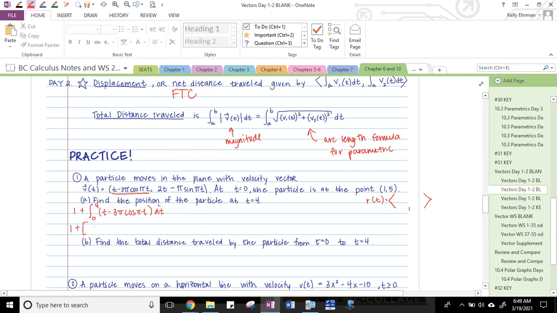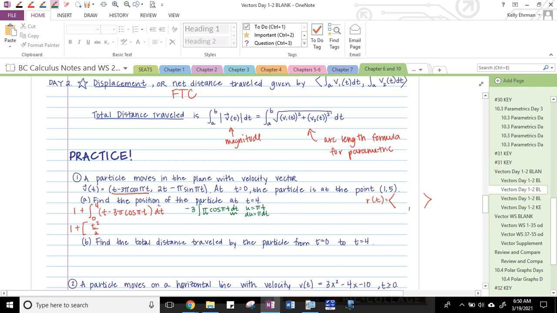So it starts off not too bad, right? The integral of t is t squared over 2. Easy. But off to the side here, we need to be thinking about the minus 3 pi cosine pi t dt. So if u is pi t, du is pi dt. I have pi dt. This negative 3 is along for the ride.